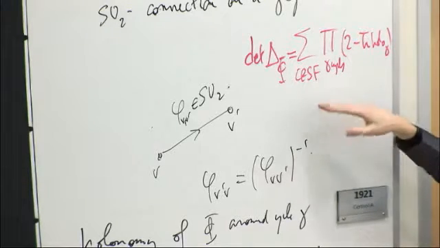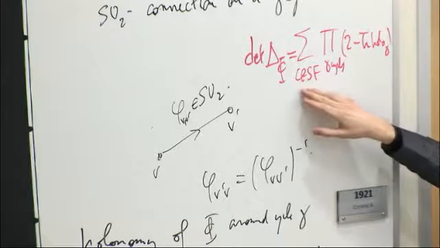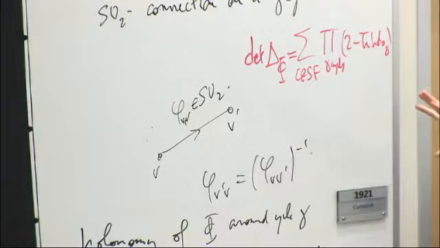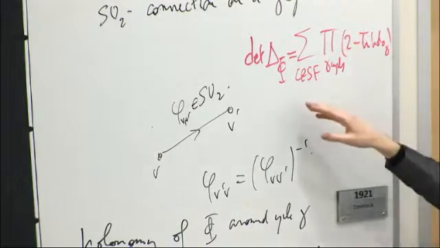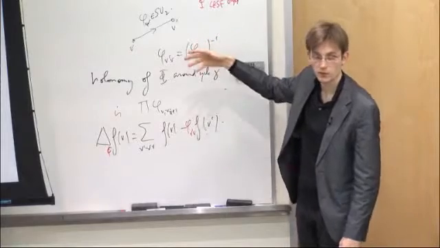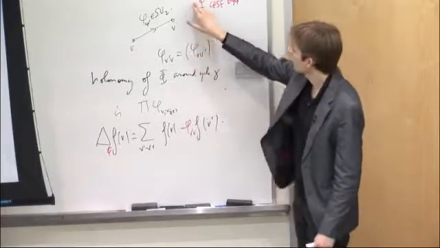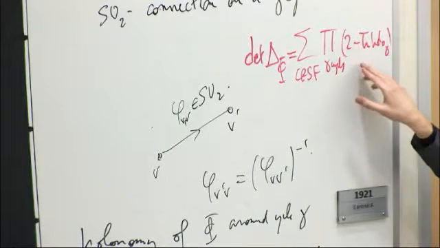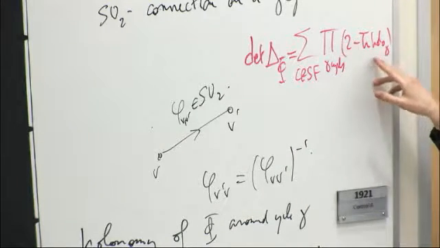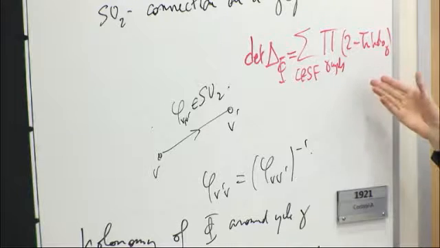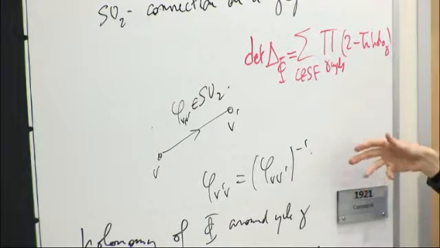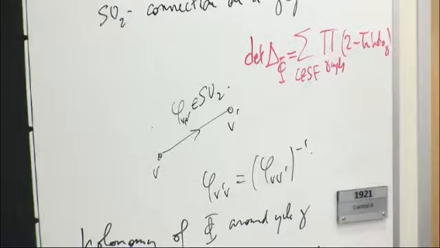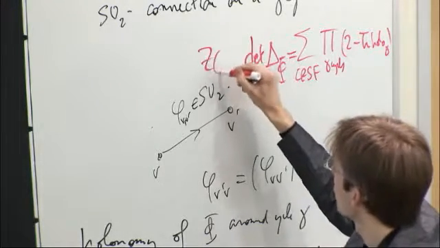Note that, in contrast with the usual combinatorial Laplacian, which is not invertible on a graph, this operator has non-zero determinant whenever there is at least one cycle where the holonomy is non-trivial, not equal to the identity, in which case it would be only 0. Now let me call this function z of phi.